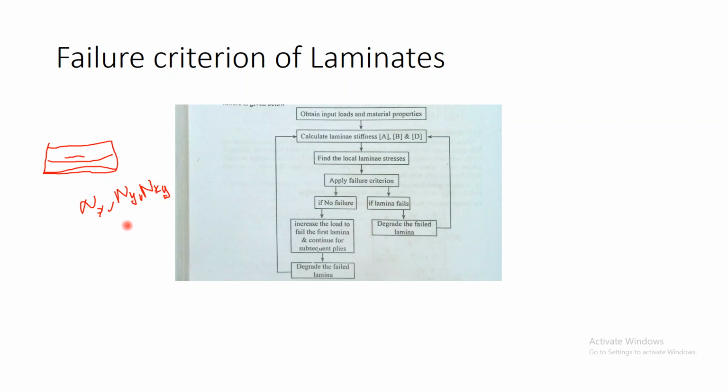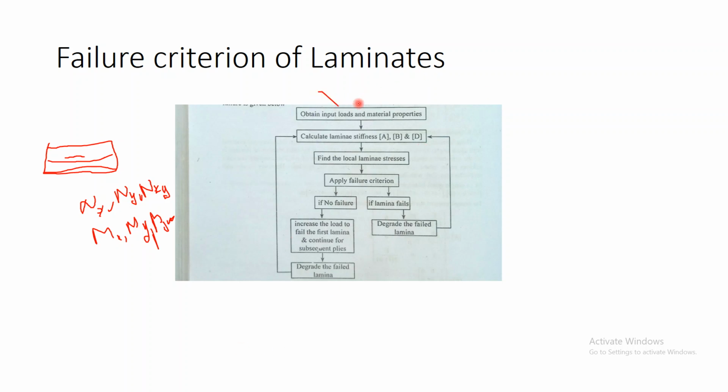And later on the moment loads as Mx, My as well as Mxy. So these are all the loads. Coming to the material properties, they are the transverse modulus, the longitudinal modulus, the shear modulus, the inclined shear modulus, and the strength factors. All these things come under the material properties.